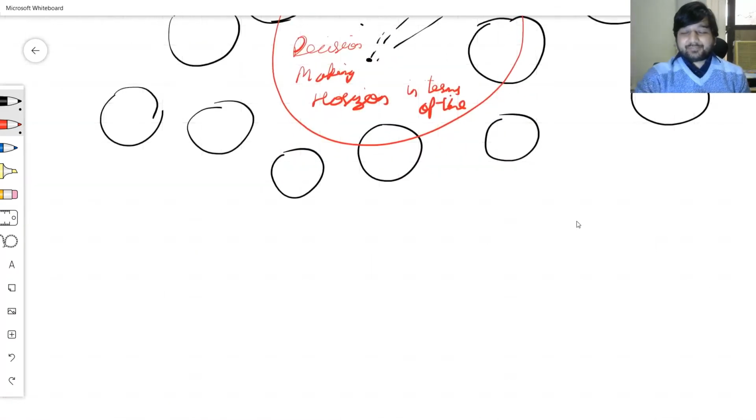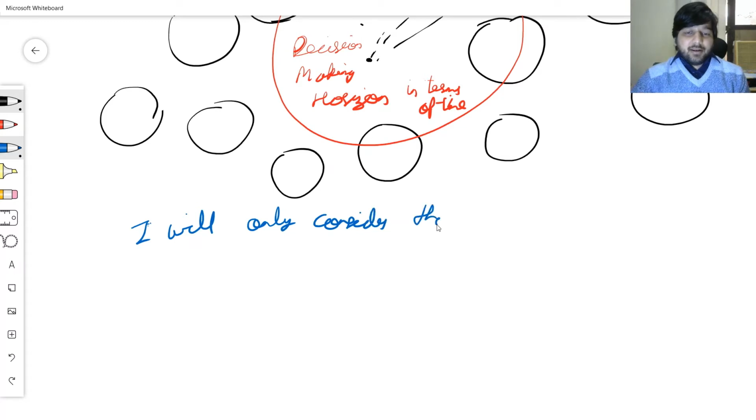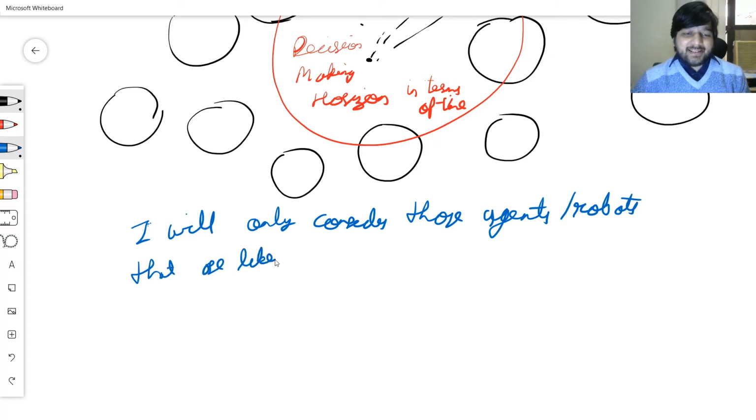So I say that, incorporating this decision making horizon, I will only consider those agents or robots that are likely to collide within t time.